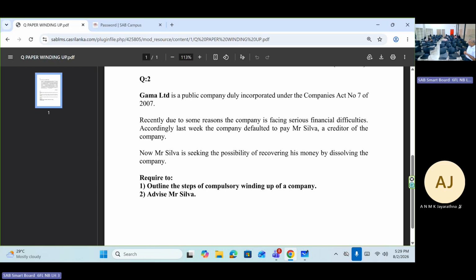Number one, the company shall owe more than 50,000 rupees to the creditor.